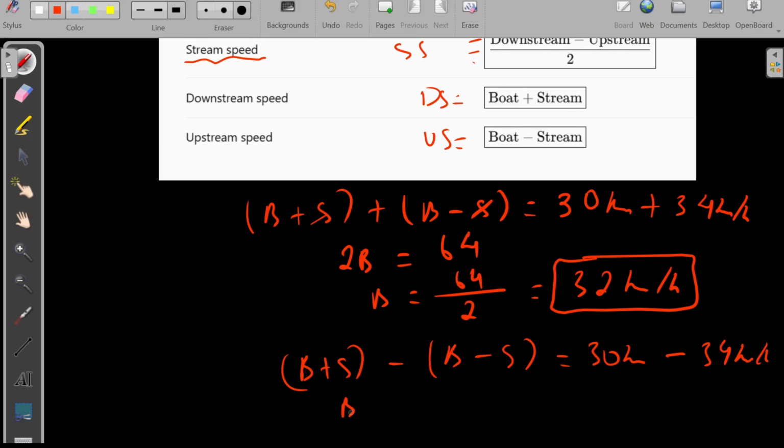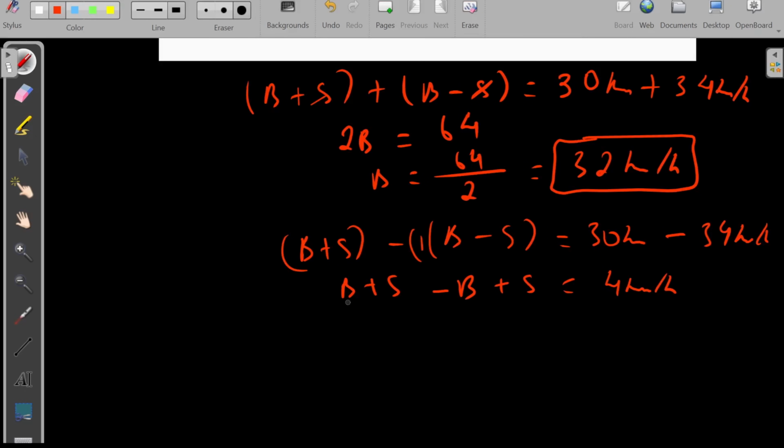In this case would be B plus S. If there's no value here, we can just assume that there's one. It'll be minus B, minus times minus would be plus S, equal 30 plus 4 will be 4 kilometer an hour. Now B and B will cancel itself out. We have 2S be 4 kilometer an hour.